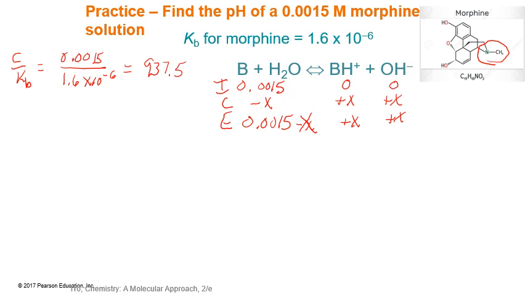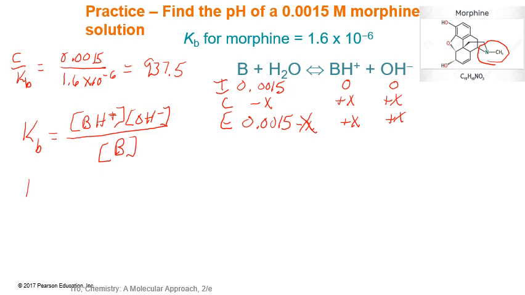We set up our Kb expression. The base, or conjugate acid, I should say, times hydroxide, divided by our base concentration.